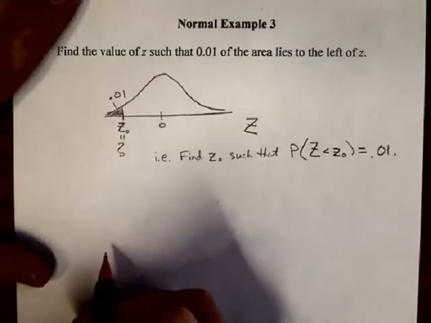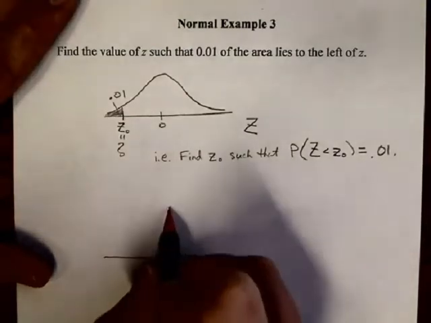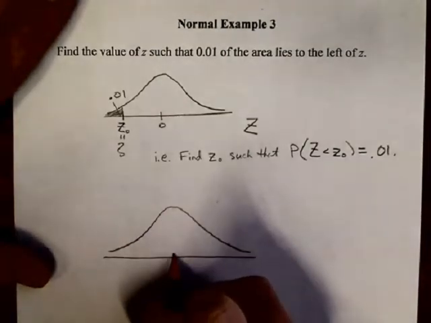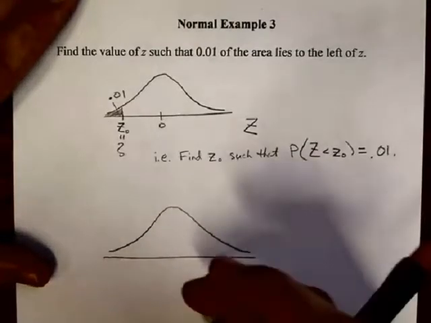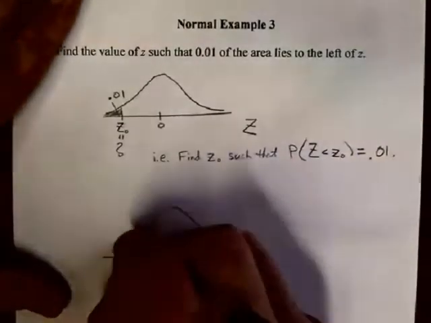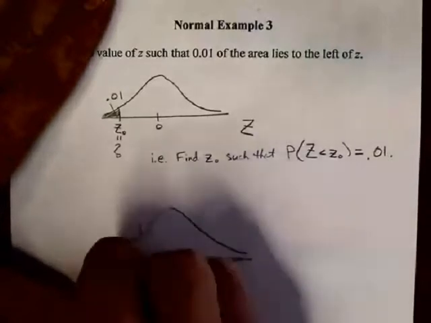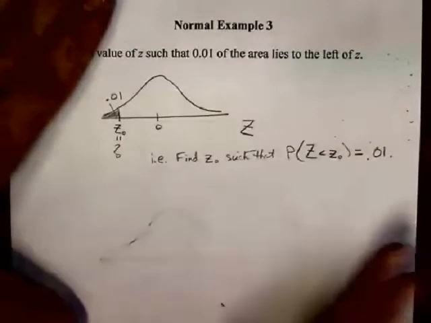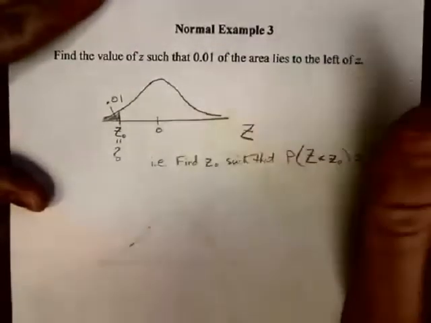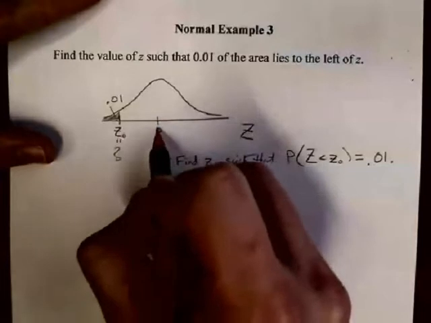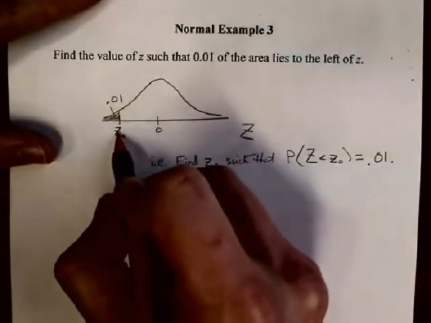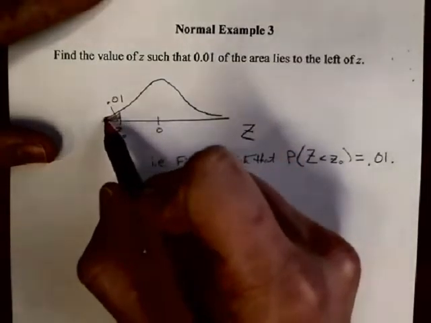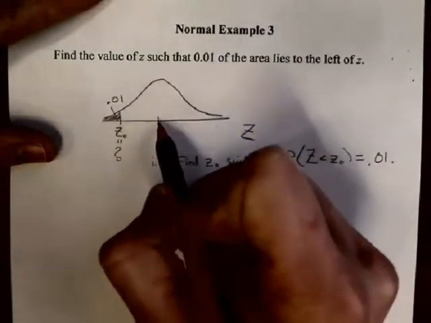And what I'm going to do is draw a second picture here. Actually, I don't need to draw this picture yet. In fact, I don't think I need to draw it at all. So we'll just ignore that. This z naught here, because it's to the left of 0, is inherently negative. But also, one thing I do know about this distribution is that it's symmetric about 0.